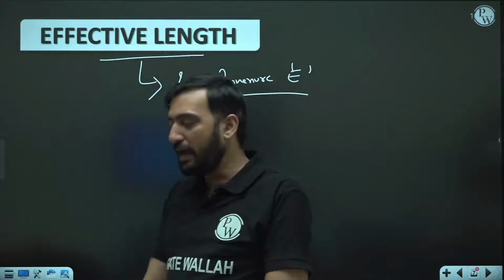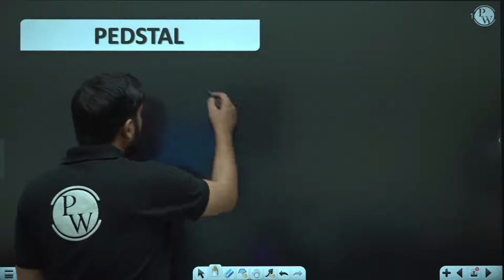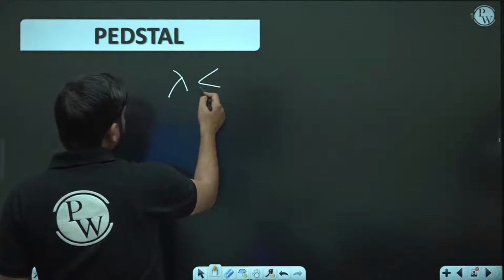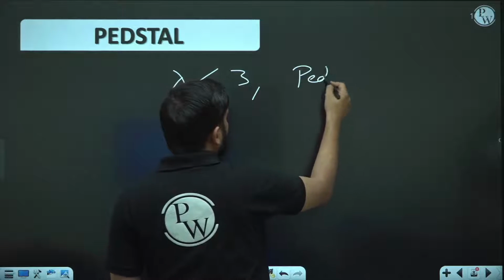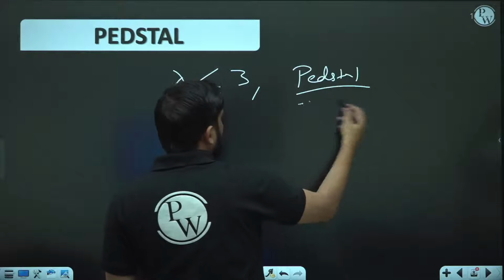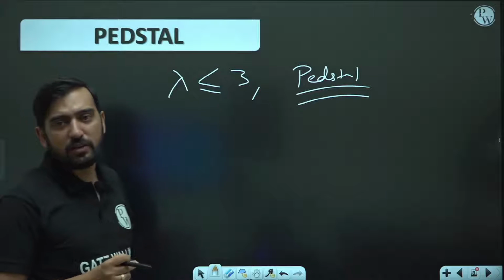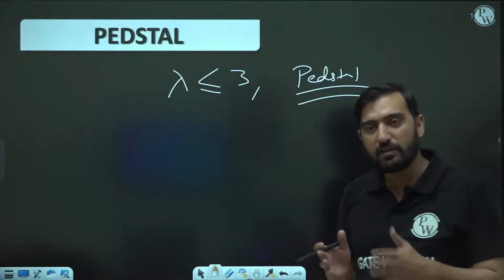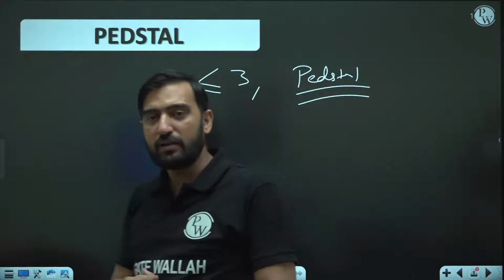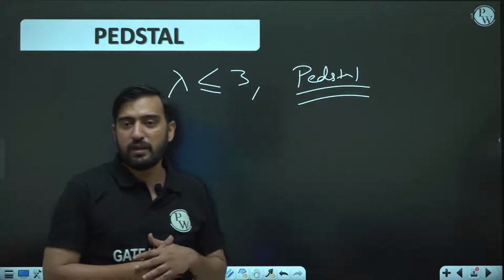As I told you, if lambda value is less than 12, it is a short column. But if lambda value is less than or equal to 3, it is again a short column, but the name of that special short column is pedestal. Pedestals are small structures which we generally use for footing, and here lambda is less than or equal to 3.